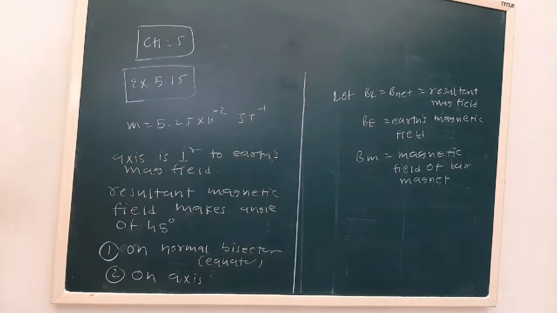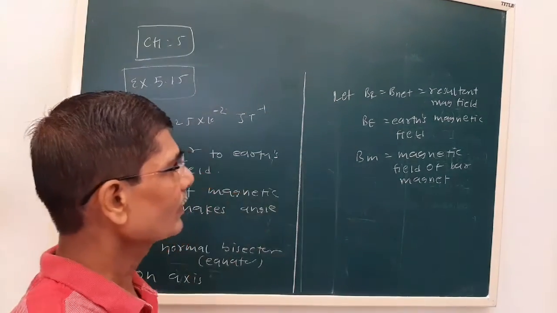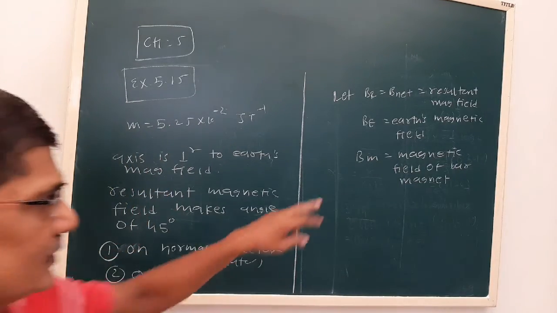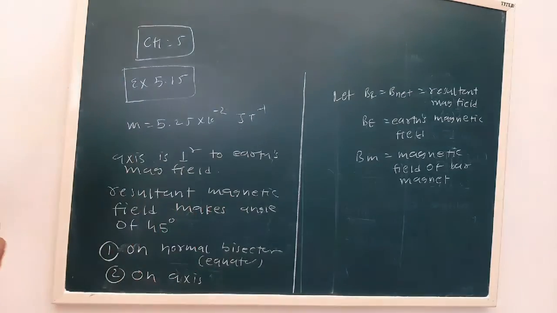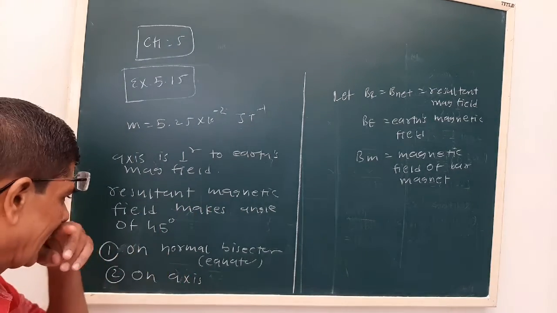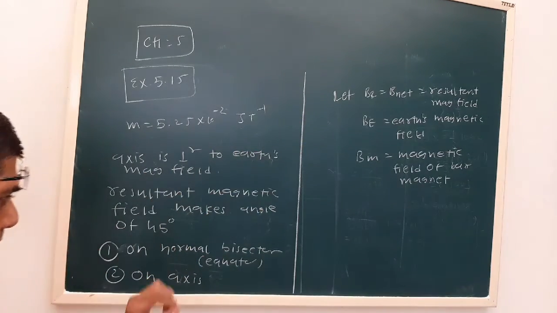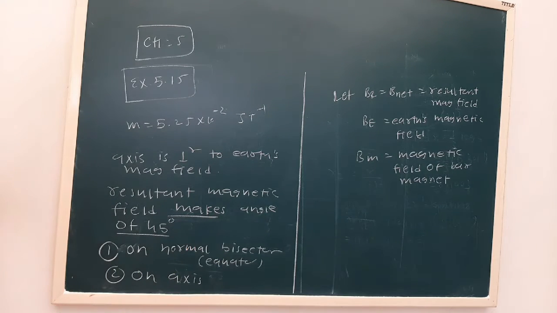Now three things we have to keep in mind. BR or B net is the resultant magnetic field, which is made up of two components: the Earth's magnetic field and the magnetic field of the bar magnet. See, the Earth's magnetic field we call BE, the bar magnet field we call BM. We have to find out the position where the resultant magnetic field is on the normal and it makes an angle of 45 degree with the Earth's field.